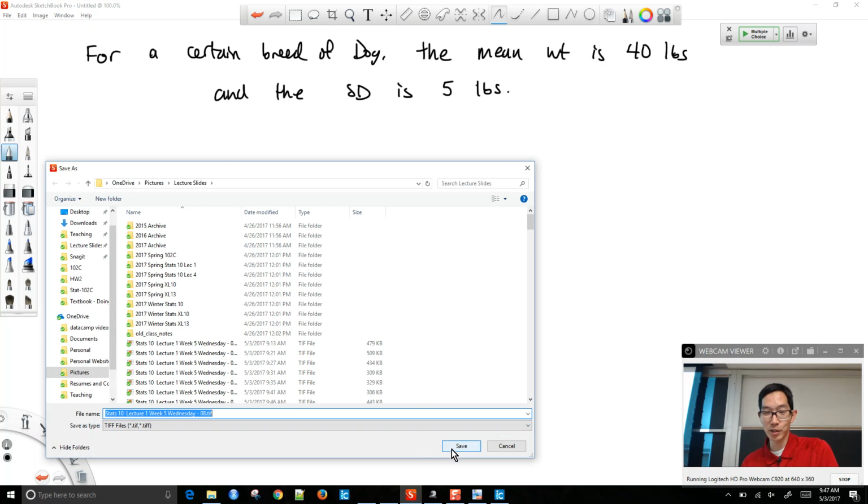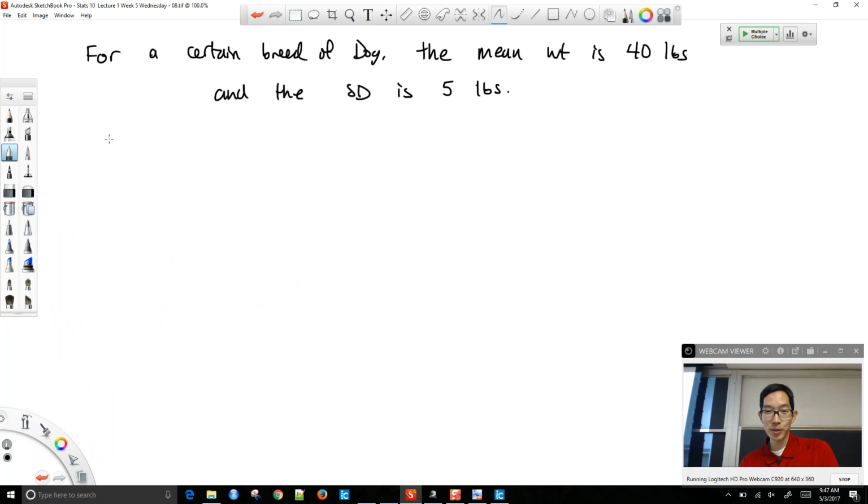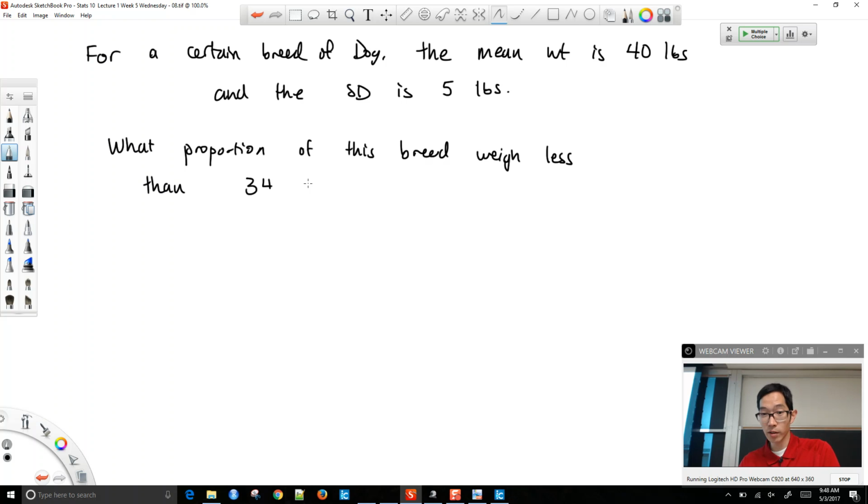I'm just making stuff up here. Okay, so what proportion of dogs of this breed weigh less than, we'll say, 34 pounds? What proportion of this breed weigh less than 34 pounds?